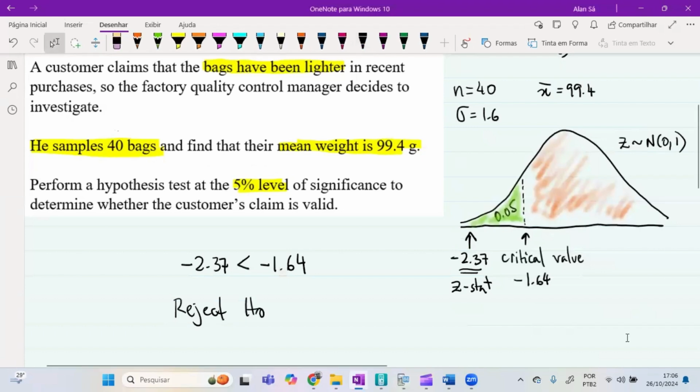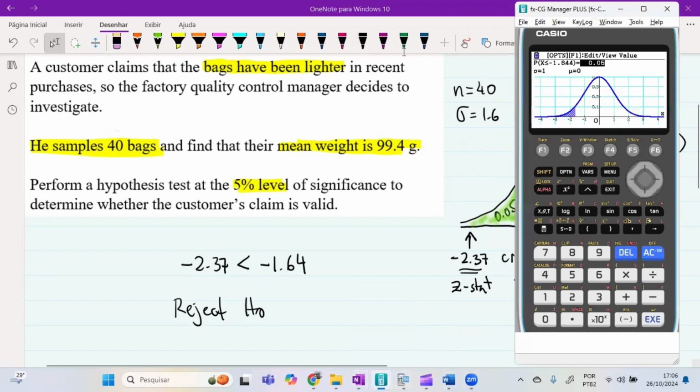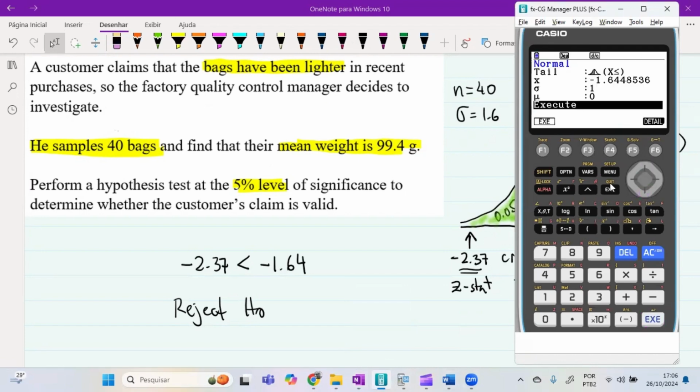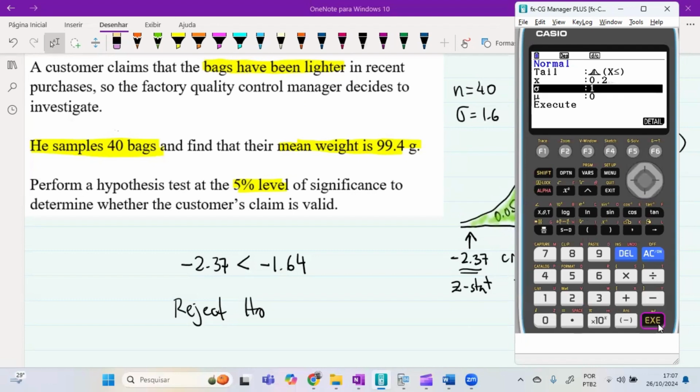This value in a Casio calculator can be found using the following process. You go here to the menu, distribution. At first, you set the mean and standard deviation to 0 and 1, and then you choose any value for x, such as, let's say, 0.20, and then you execute.